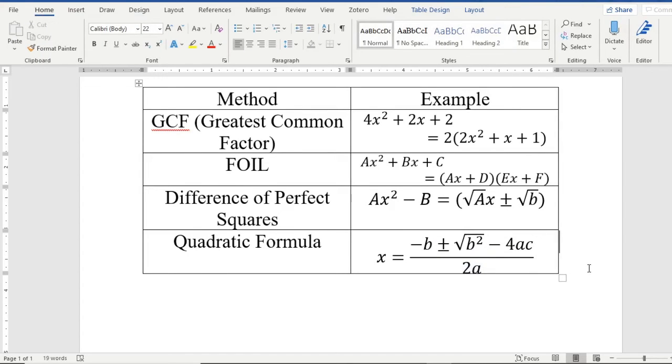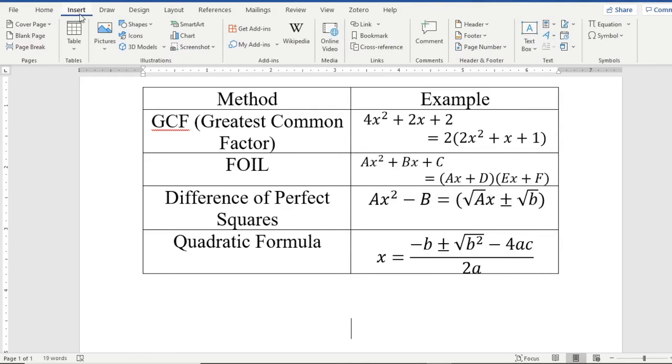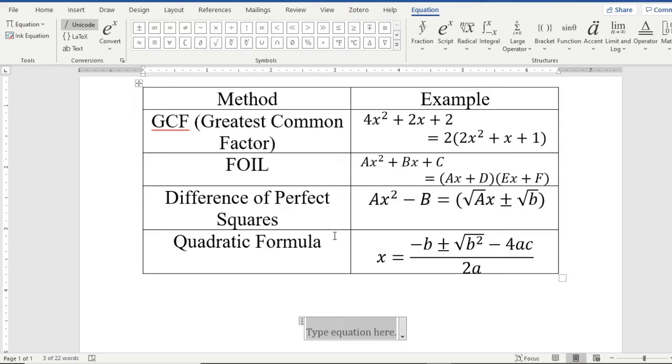Alright, so I'm going to go through with FOIL and do an example of one. So this is how we're going to use this chart. Let's write an equation real quick. Let's go with x squared plus 5x plus 6.